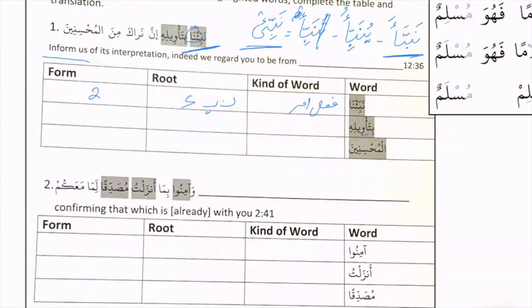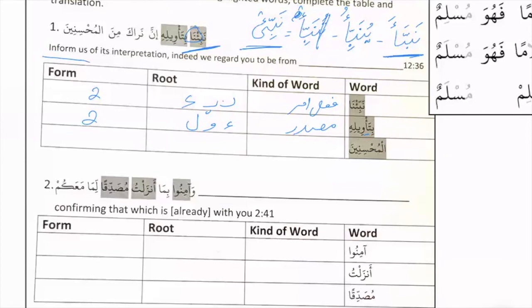So it is matching with bab taf'il. So I should say masdar over here, right? And family 2, and the root letters are Hamza, Waw, and Lam. Awwala, yu'awwilu, ta'wilan.